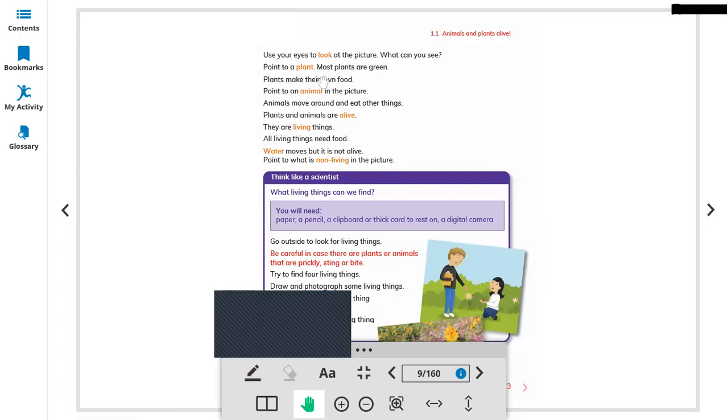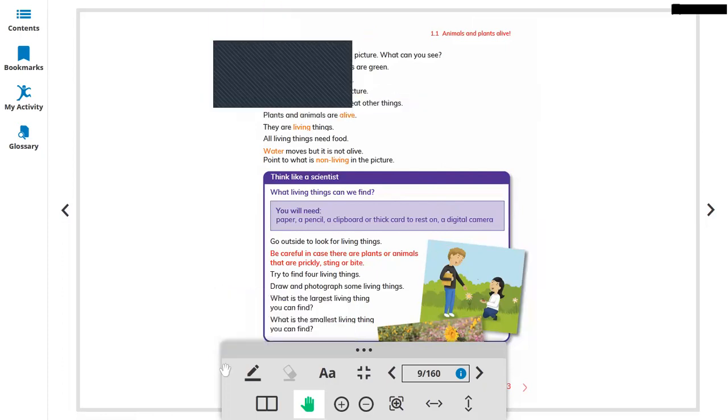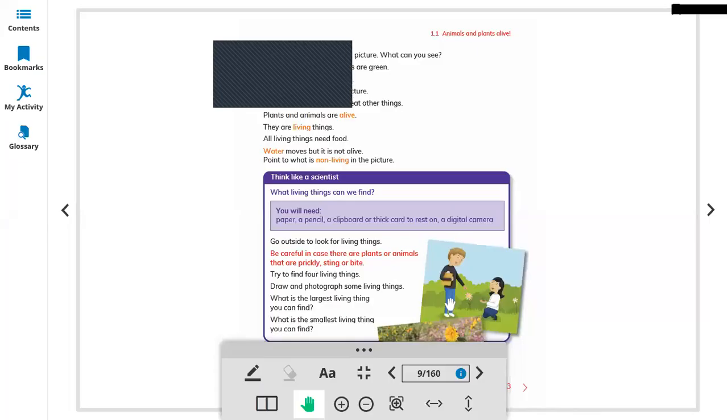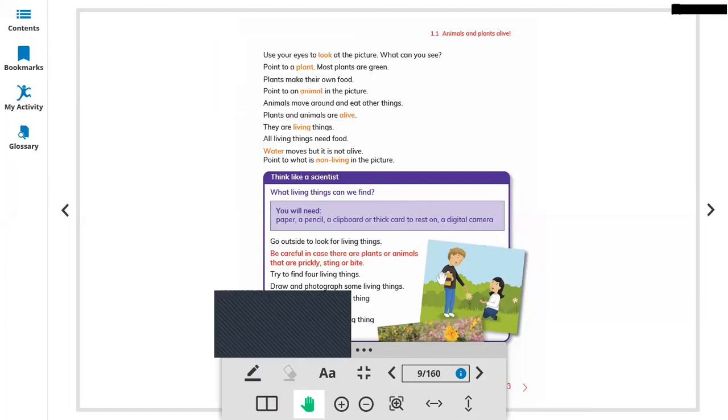Point to a plant. Most plants are green. Here, you can see that most of the plants are living and they are green in color.